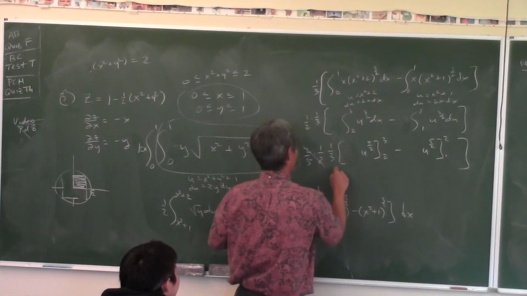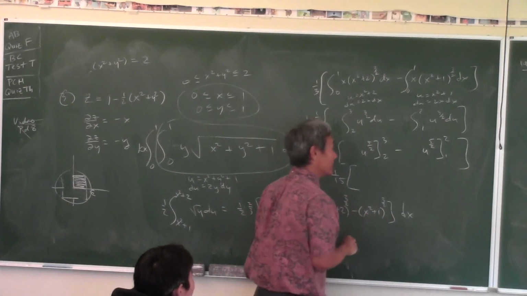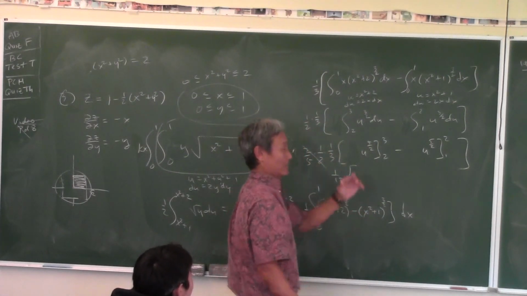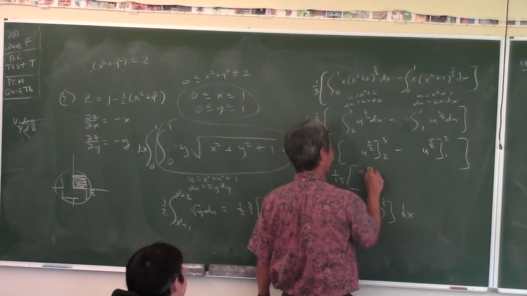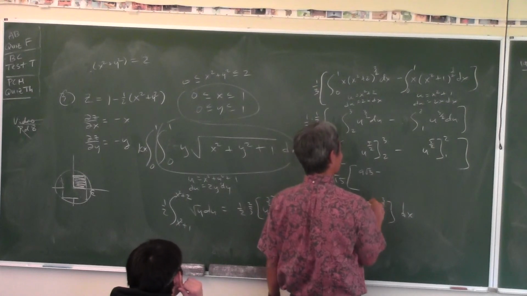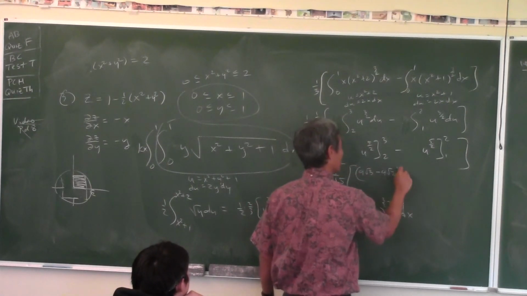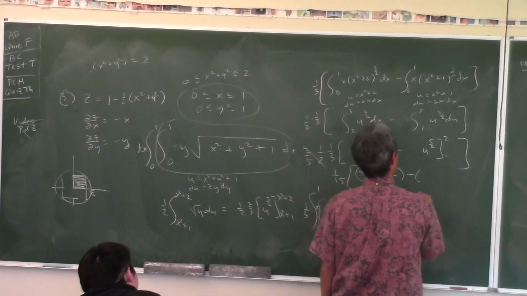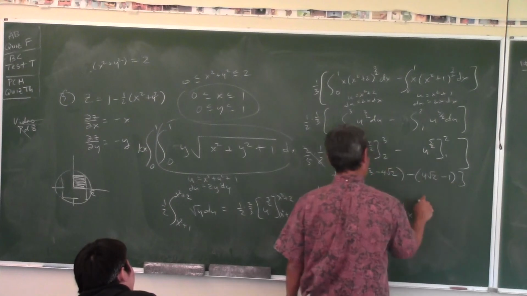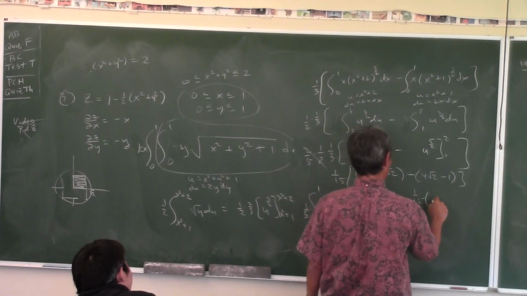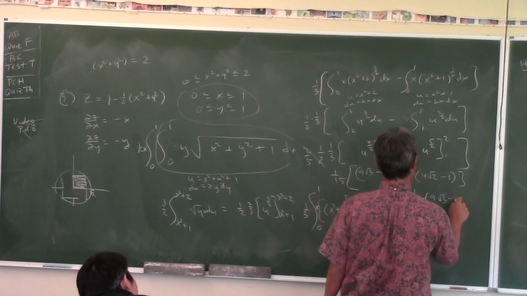So, well, 1/15 times, this is 3 to the 5 halves. That's going to be 9√3 minus 2 to the 5 halves, which is 4√2, minus 4√2 minus 1. So I got 1/15 times 9√3 minus 8√2.